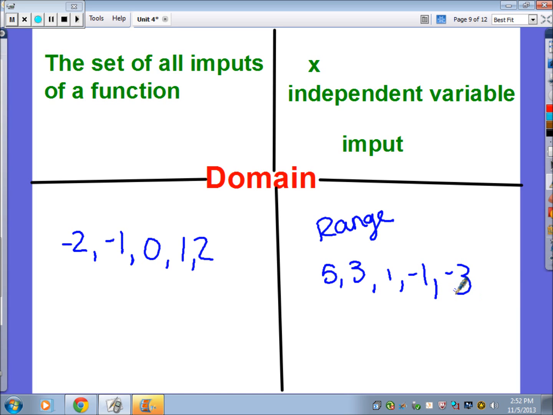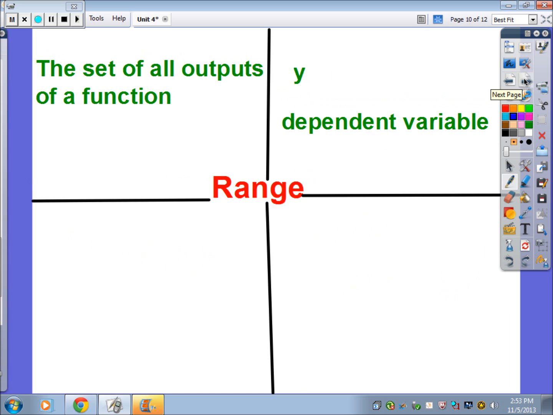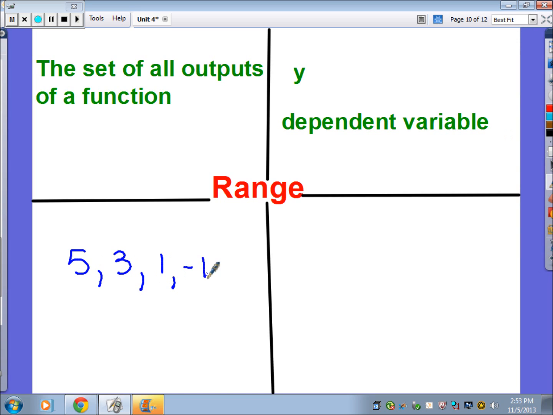And let's do the same thing over here. 5, 3, 1, negative 1, negative 3. And the non-example will be the domain: negative 2, negative 1, 0, 1, and 2.